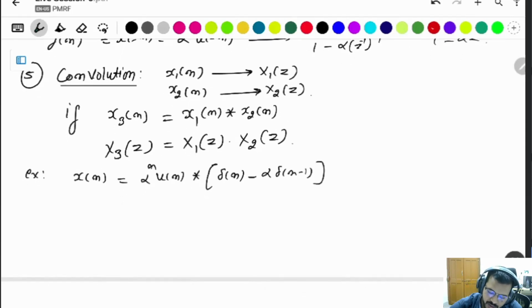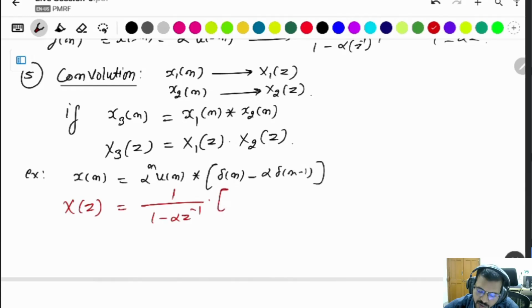But in the frequency domain, we simply find the z transform of this one, 1 divided by 1 minus alpha z inverse. Then find the z transform of the delta term, which is 1 minus alpha z inverse. This will be cancelled out, and 1 is the answer. And the inverse z transform of this one will be delta[n], same thing. Delta[n] has z transform 1.